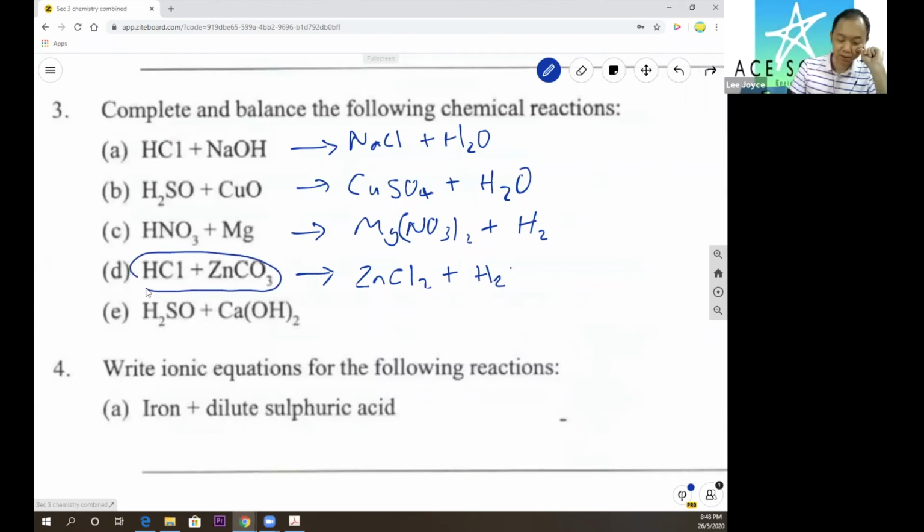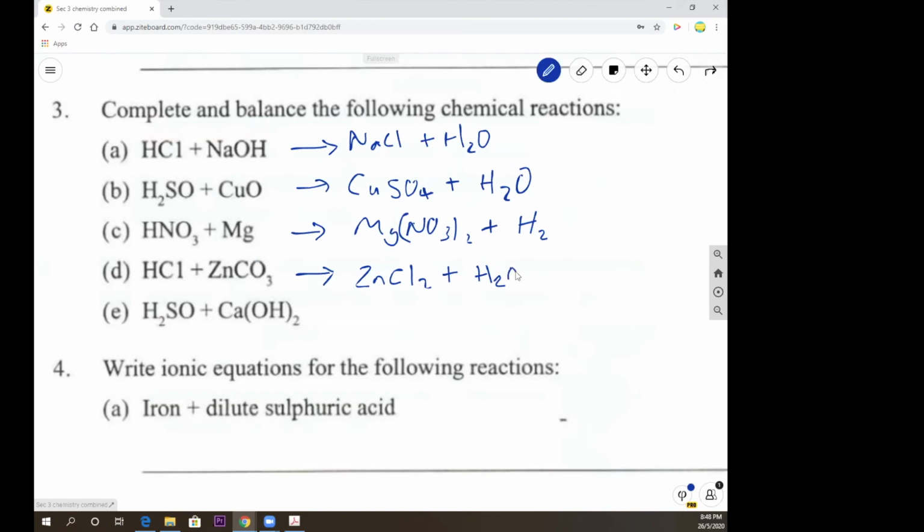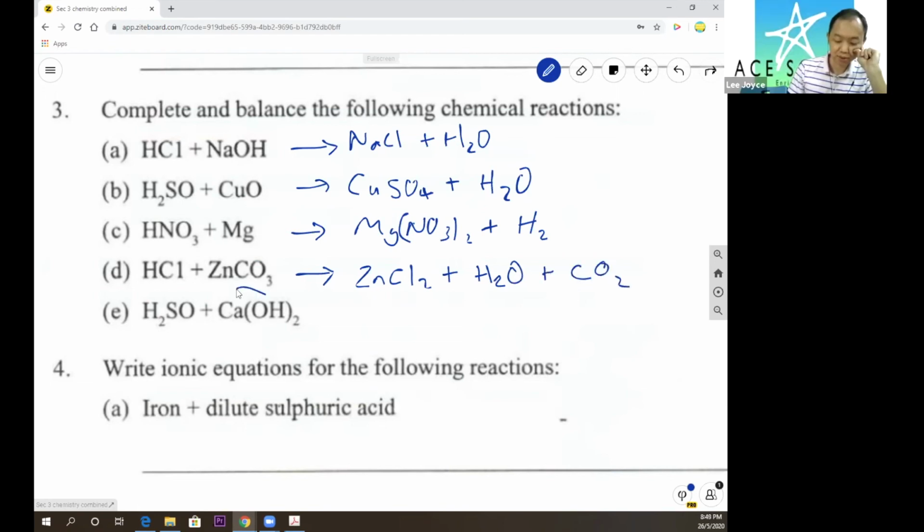S come from where? There's no S here. Come from outer space. H2O plus what? CO2. Yeah, because acid plus carbonate, right? Give you carbon dioxide.